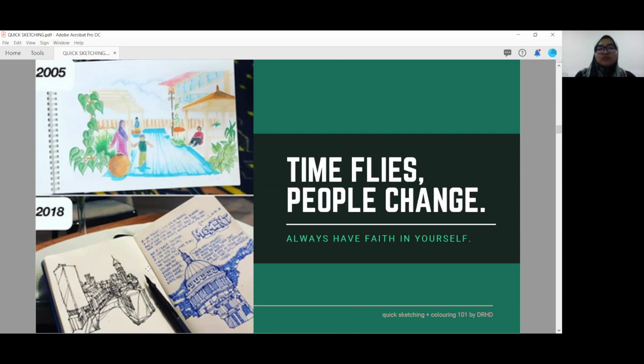You need time to do it, and one day, believe it or not, you'll be there. You'll be there to know how to sketch properly, to achieve a certain standard in this course, in this field, even to be an architect and whatnot. So we have to be patient and always have faith in ourselves.